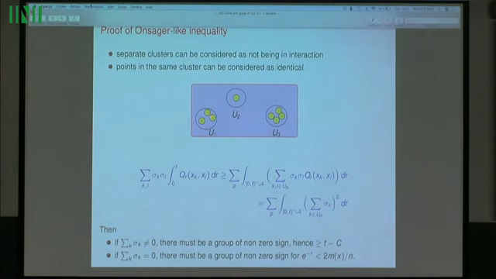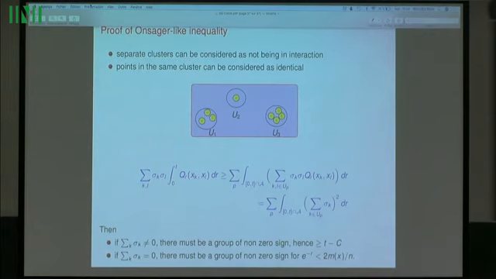This means that you have the same amount of plus and minus inside each cluster, so you can pair all the charges into dipoles inside each cluster. You can evaluate the dipole distance with your pairing, and your pairing tells you that the dipole distance has to be less than the number of dipoles, so n over 2, times the diameter of each cluster, which is exponential of minus r. So this is a contradiction, because you have assumed that this is not true.